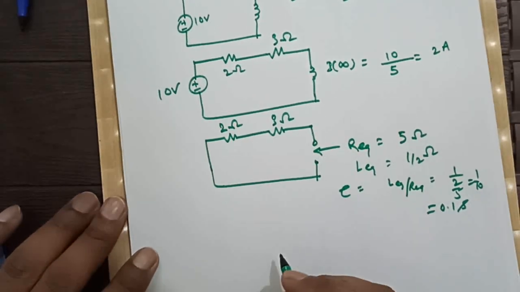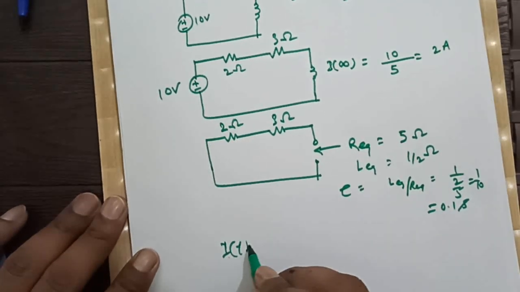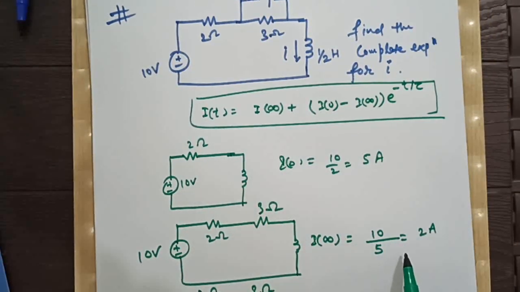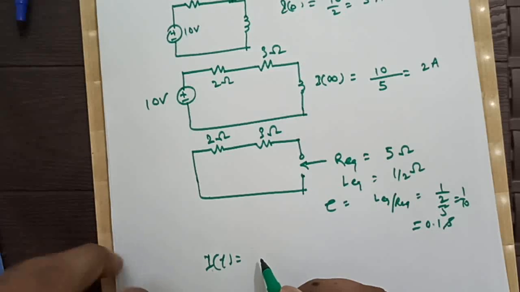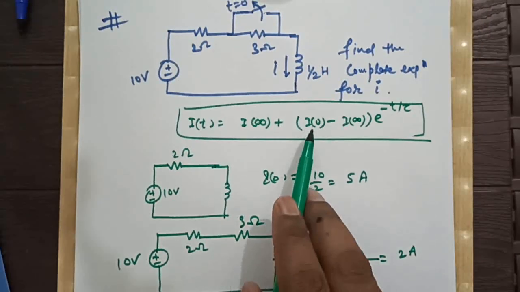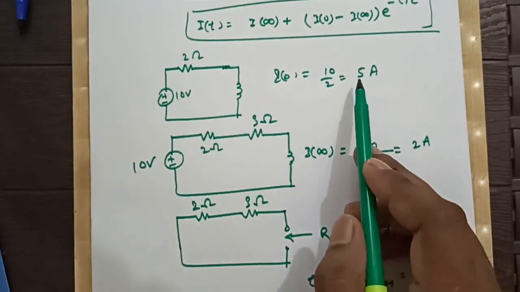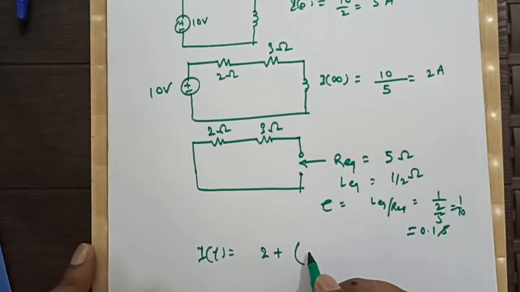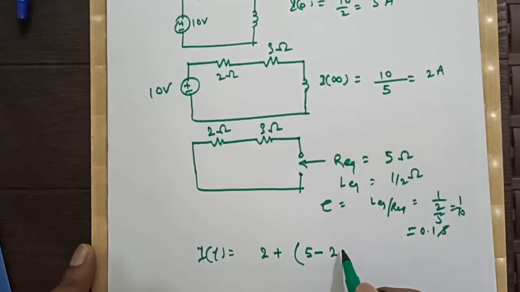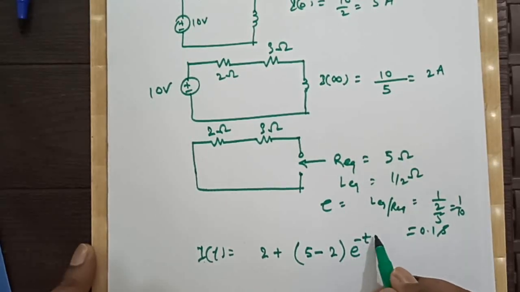So I(t) will be what? Our I(t) will be I infinity. What is our I infinity? 2 ampere. So 2 plus I0. What is our I0? 5 ampere. 5 minus, what is our I infinity? 2 e to the power minus t by tau.